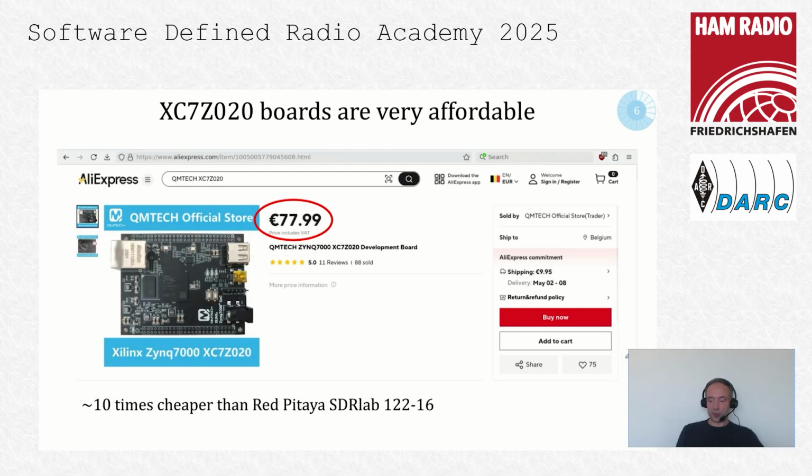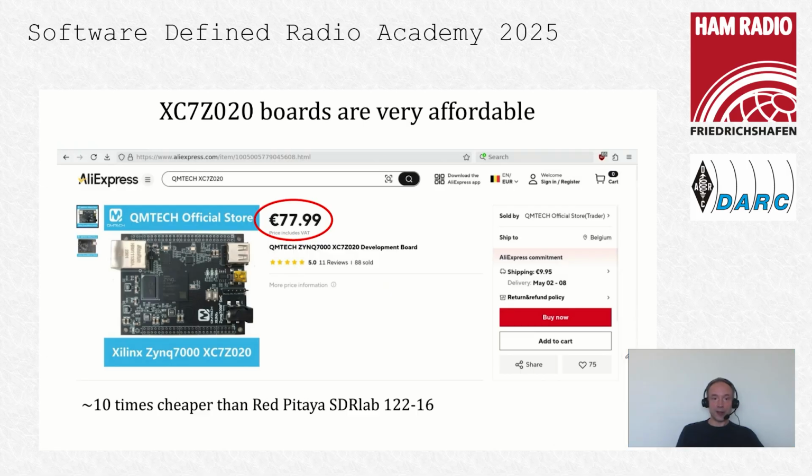So to illustrate the current price level of boards with a similar chip as on the SDR Lab board by Red Pitaya, here's an example of a board by QMTech that has exactly the same system on chip on the board. The only difference is that this board doesn't have the analog to digital converter and digital to analog converter, but the price difference between this board and the Red Pitaya SDR Lab board is a factor 10.